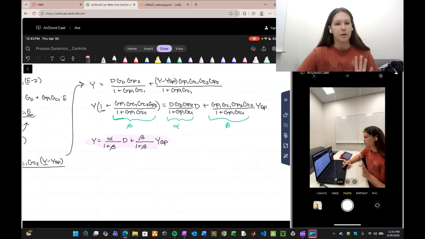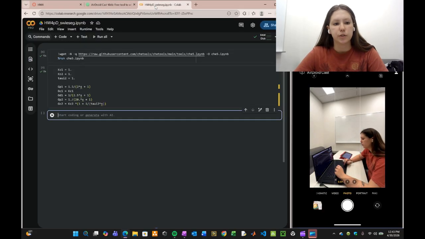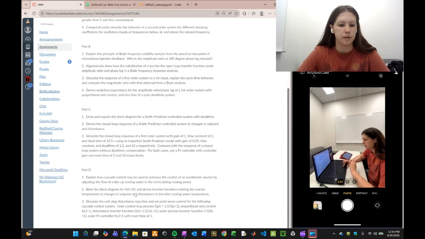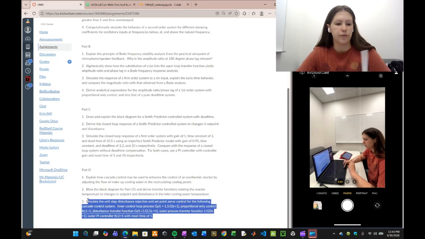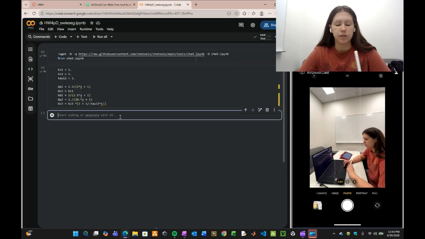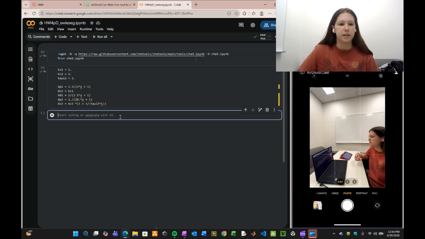But now we will get into the Colab portion. I went ahead and put in some values and equations from our problem statement over here, just so we don't have to keep going back and forth. And so to get started, we can define our alpha and beta.